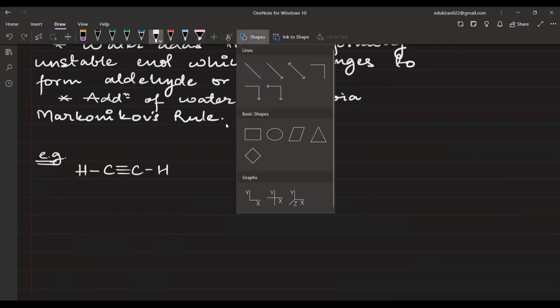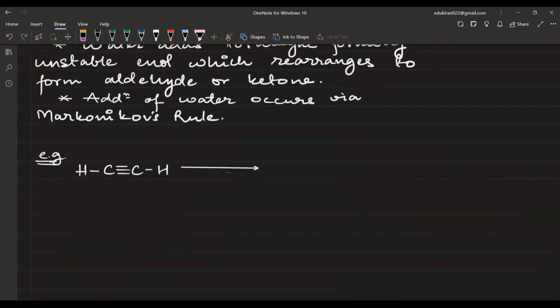I'm going to add water to this, dilute H2SO4 and HgSO4. Oops, sorry, this is going to be water, not H plus. Now, both of these carbons are same. That is why any of the carbon can get hydrogen and any of the carbon can get OH.